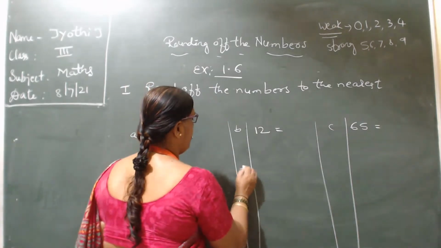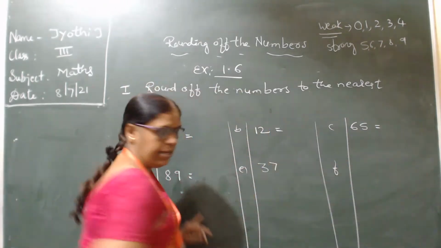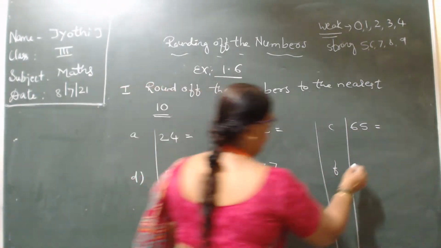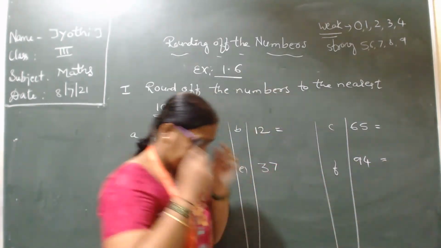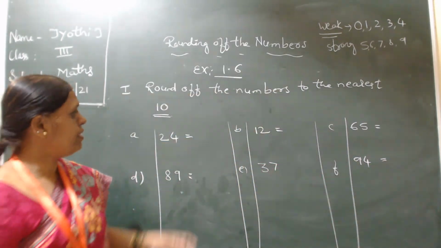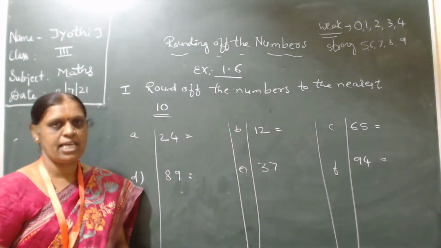Third E and 37 and 94. Now observe these numbers. 1, 2, 3, 4, 5, 6 numbers they have given.